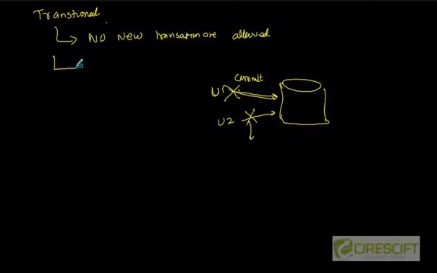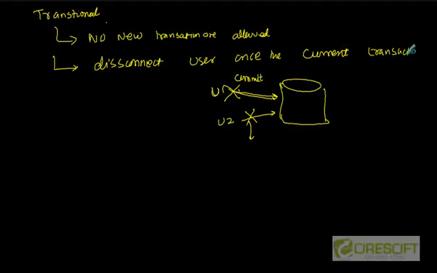So basically we disconnect the user once the current transaction is over, and then it also writes the buffer cache to the database data files, and so on. Therefore, again in this case we do not require any instance recovery.